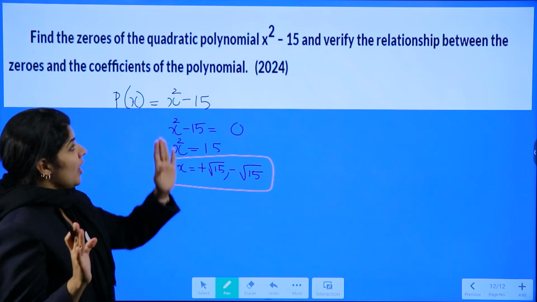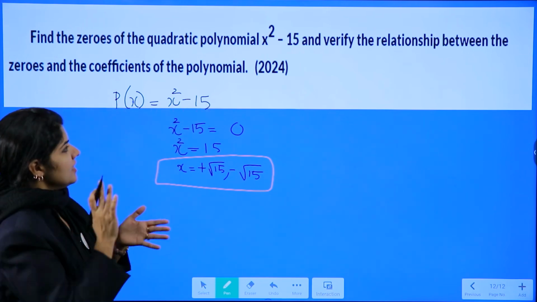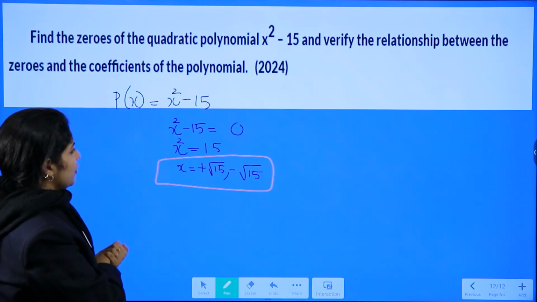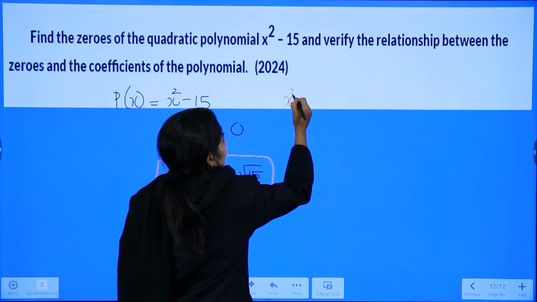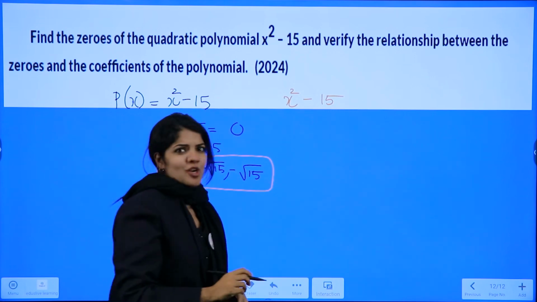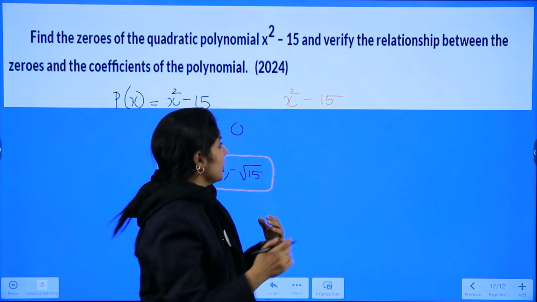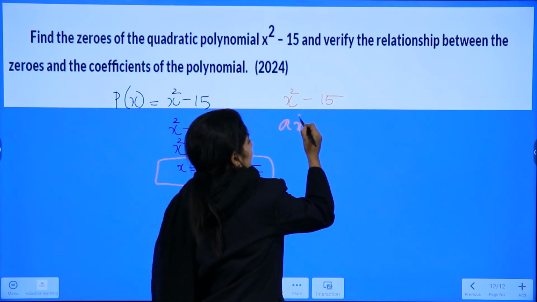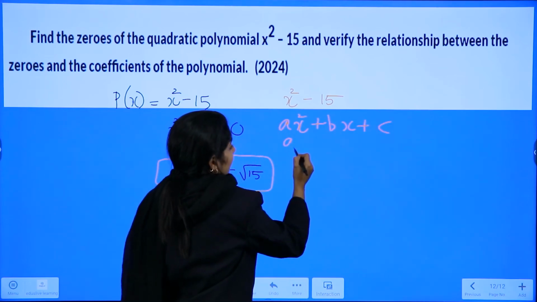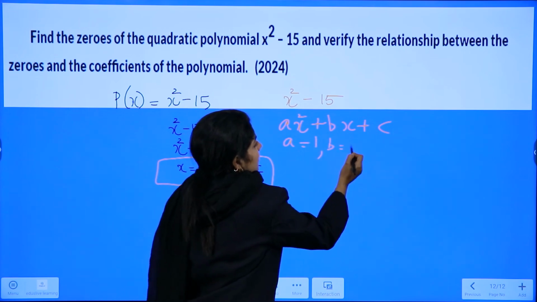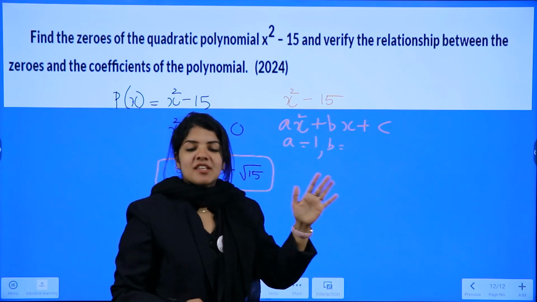Then you have to verify the relation between zeros and the coefficients of the polynomial. Now, comparing it with the standard form of a quadratic polynomial. What is the standard form of a quadratic polynomial? It is ax square plus bx plus c. On comparing, you get a value as 1. There is no x term here. b is the coefficient of x.